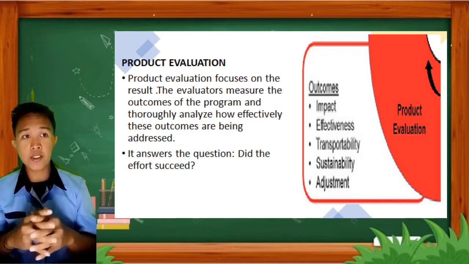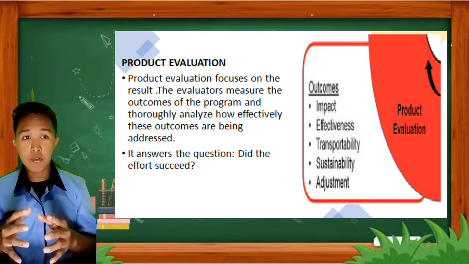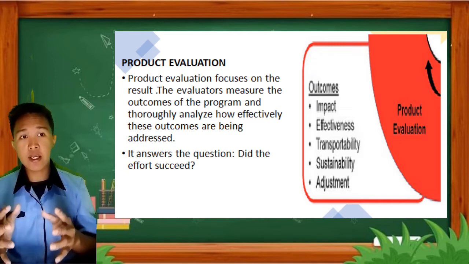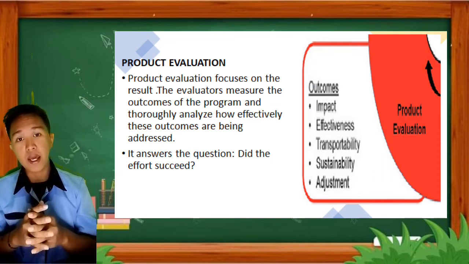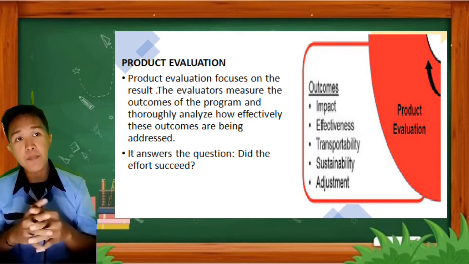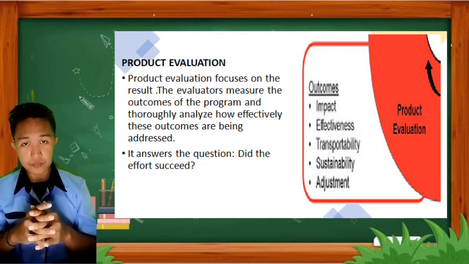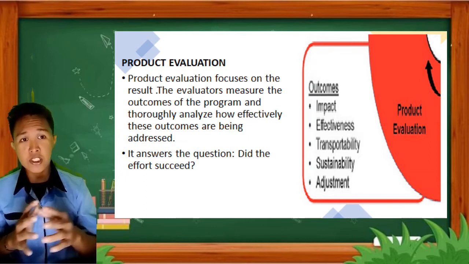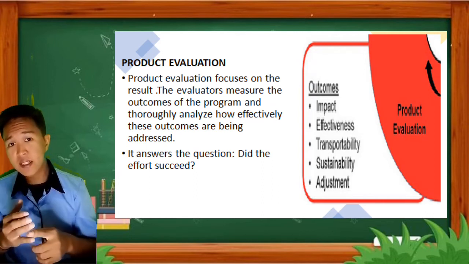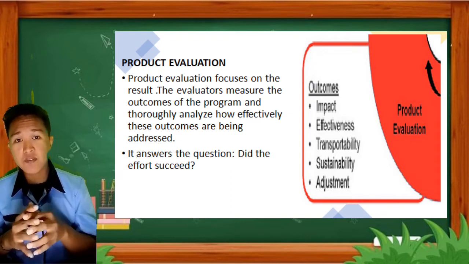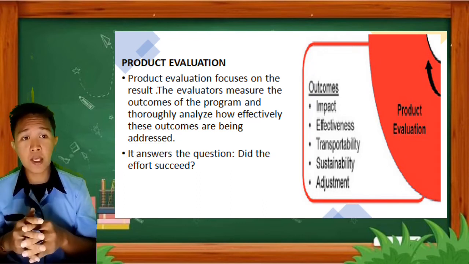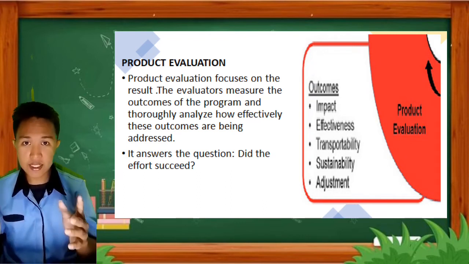The evaluators measure the outcomes of the program and thoroughly analyze how effectively these outcomes are being addressed. So here in product evaluation, it answers the question, did the effort succeed? Okay, remember, it answers the question, did the effort succeed?